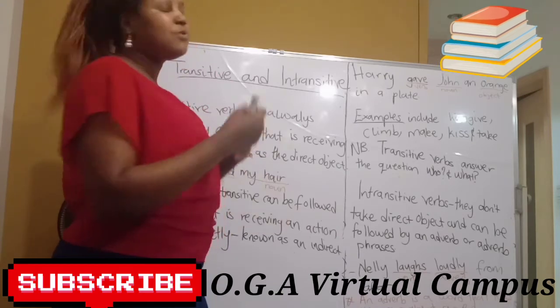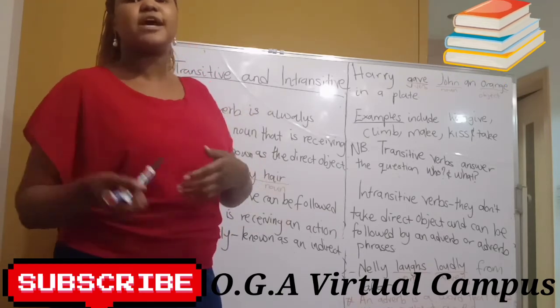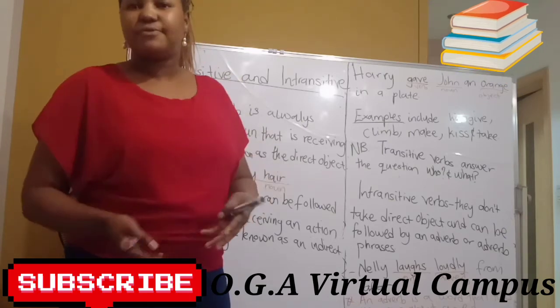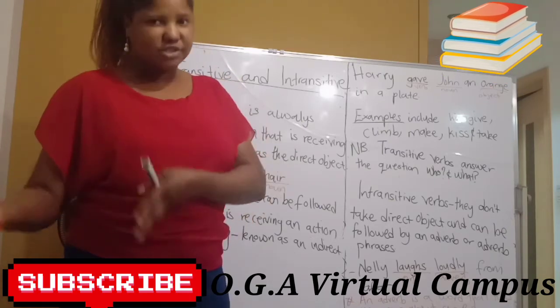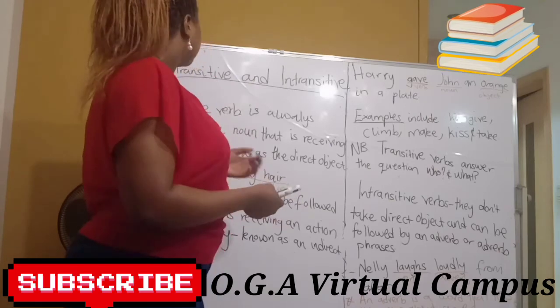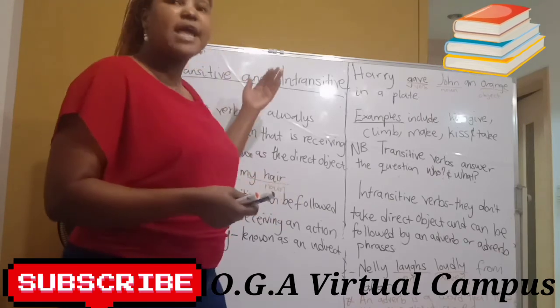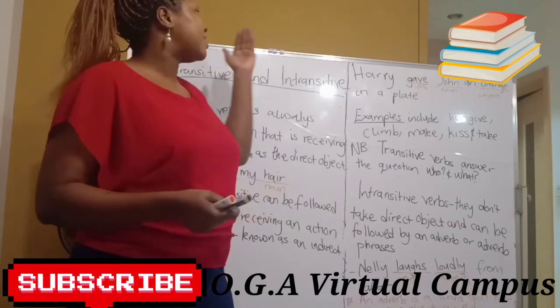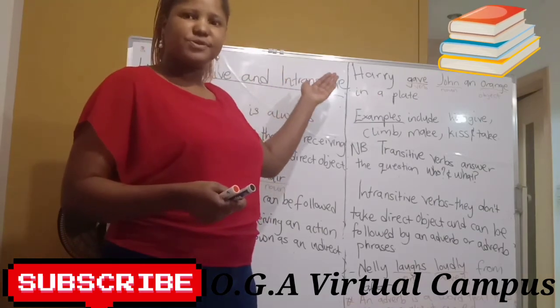We also have the modal verbs, which help us to describe the negative or the positive situation. Okay? And we have the regular and irregular verbs. And lastly, the transitive and the intransitive verbs.